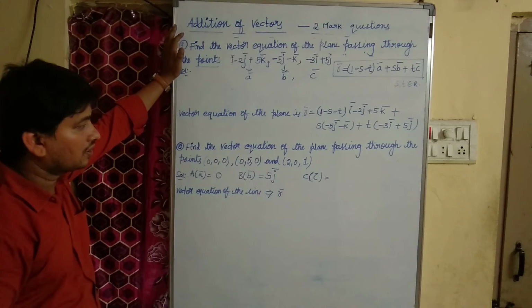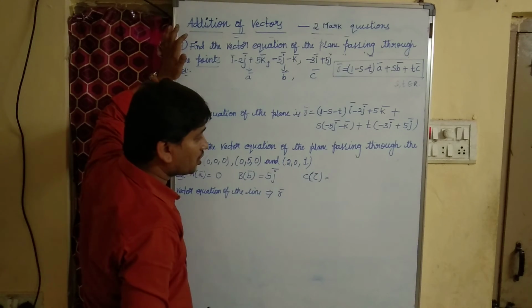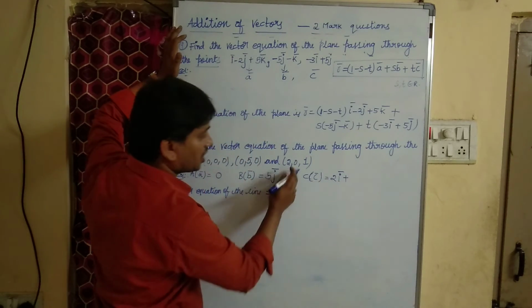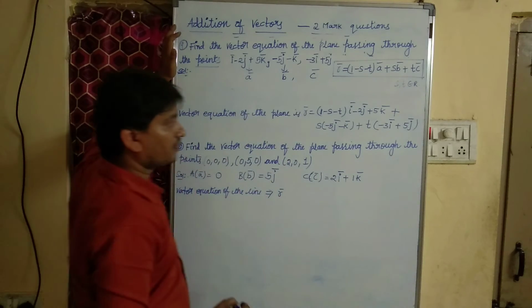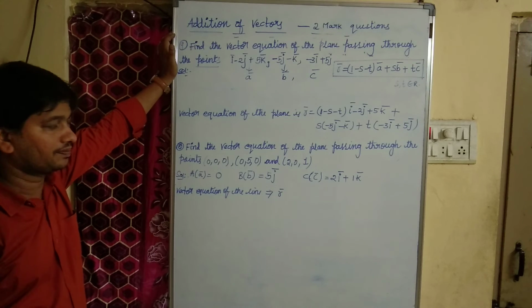Coming to the third point, c is 2, 0, 1: i coefficient 2, so 2i bar, j coefficient 0, and k coefficient is 1. So the vector c bar is 2i bar plus k bar.